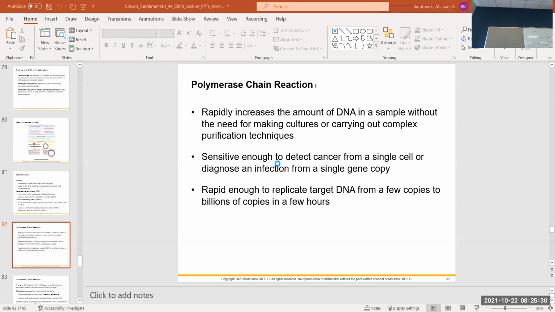Because of that, you can use PCR to get a genetic fingerprint of your DNA. This is essentially how police departments know if material left at a crime scene came from you or came from somebody else. They can essentially specify with high precision where that DNA came from. And so if blood or hair or some other bodily fluid is left at a crime scene, this is how the police labs can determine if it came from you or someone else. This is also how paternity tests are done as well.